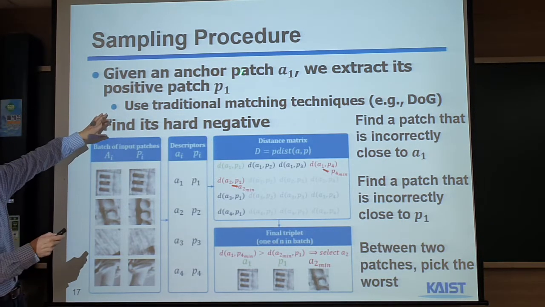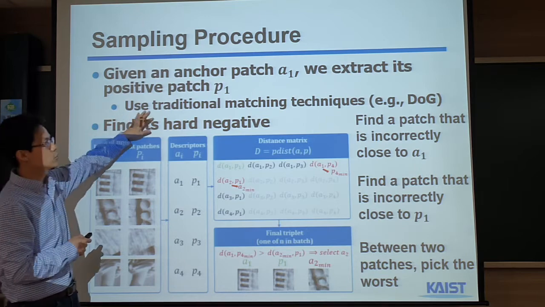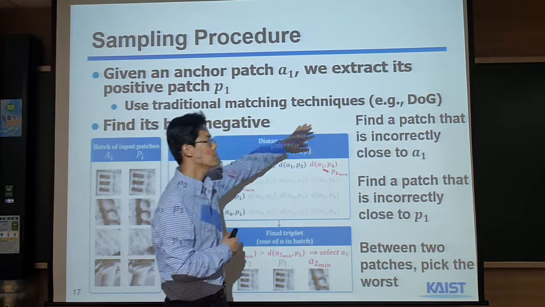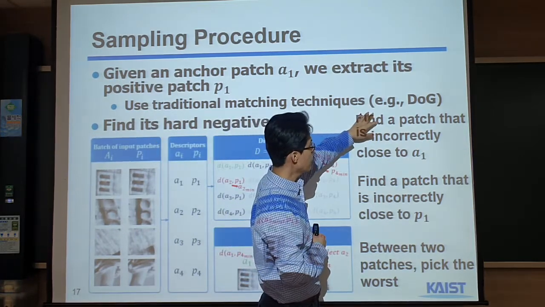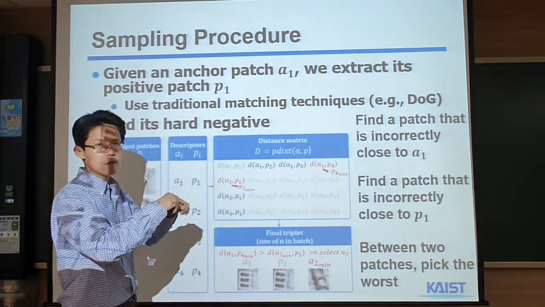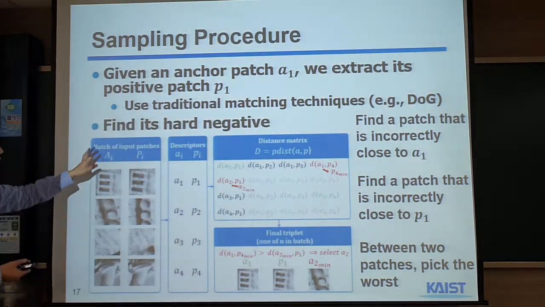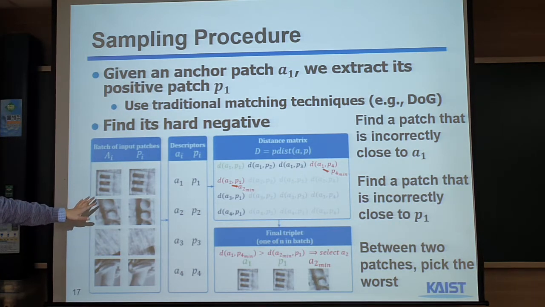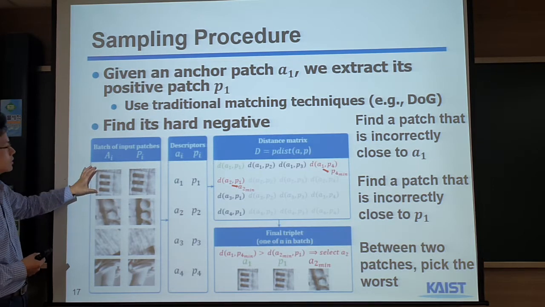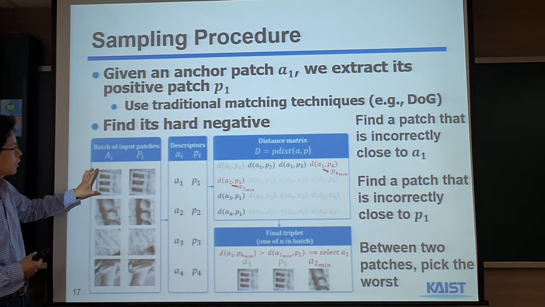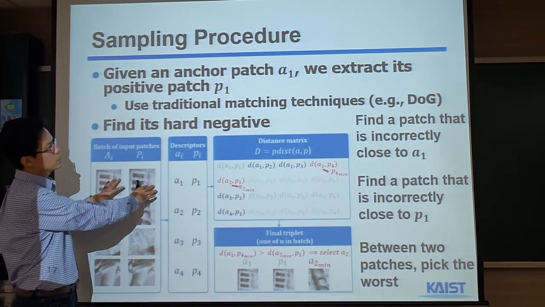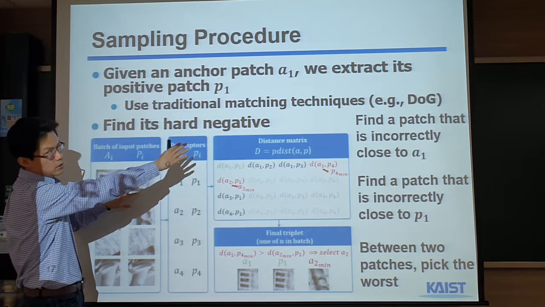They extract the different patches using traditional techniques. They use DoG, difference of Gaussian, and look at the local maximum, and based on that they can identify some local patches. Then for training, given an anchor patch, they also identify its positive patch, using the traditional SIFT-based matching technique or some other one.